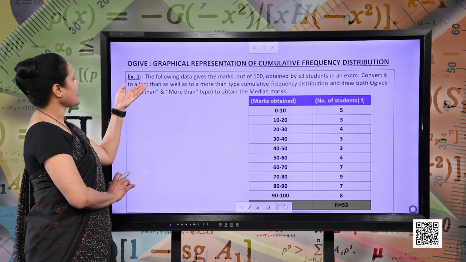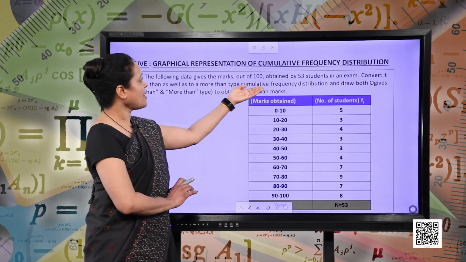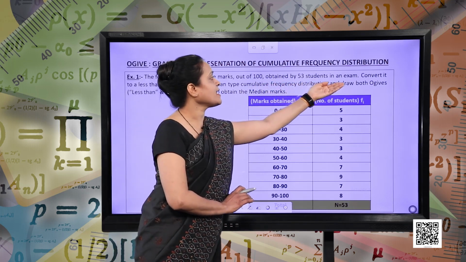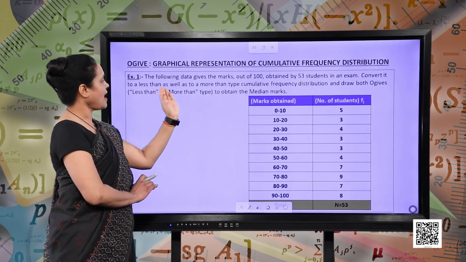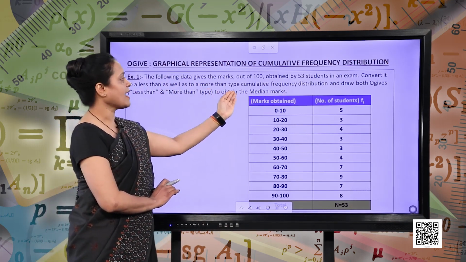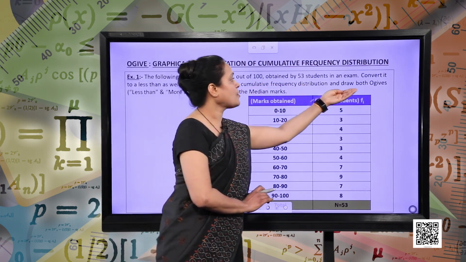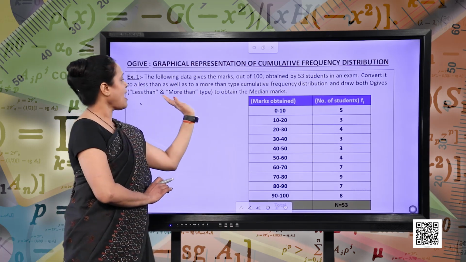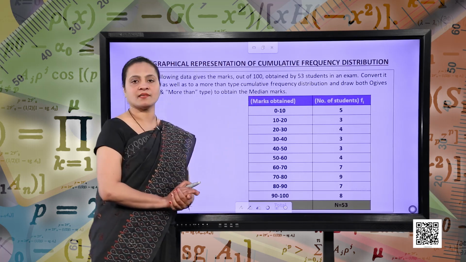The example says the following data gives the marks out of 100 obtained by 53 students in an exam. Convert it to a less than as well as to a more than type cumulative frequency distribution and draw both ogives, that is less than type as well as more than type, to obtain the median marks.